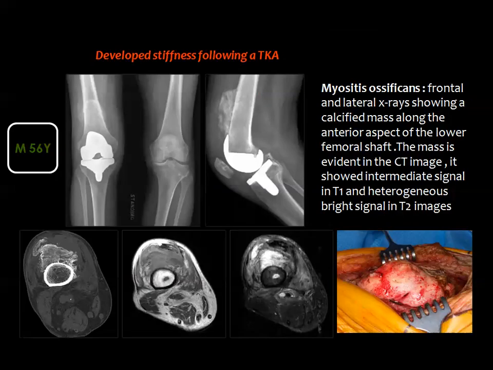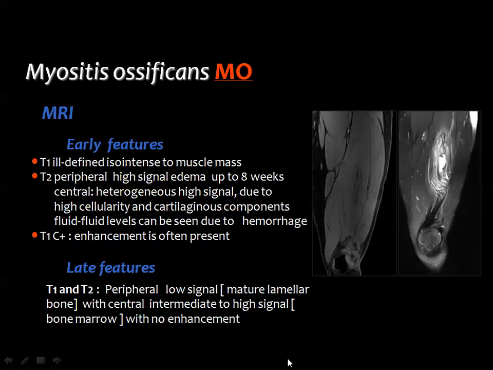Myositis ossificans is easily diagnosed by the plain film and also by CT, but on MR images they are usually mistaken for soft tissue tumors because they behave like any of the soft tissue masses. They appear of low signal on T1 and high signal on T2, and if you give contrast they will enhance.